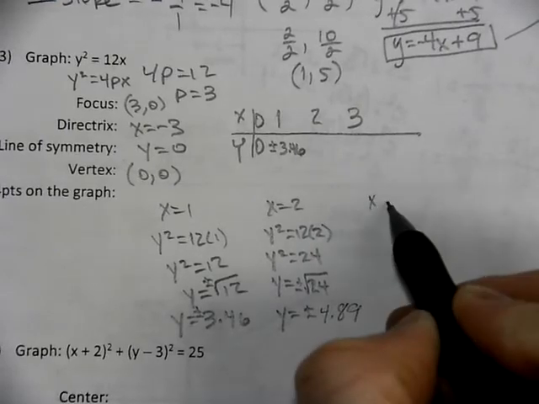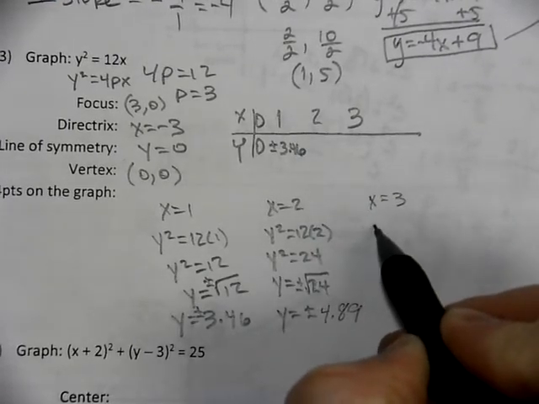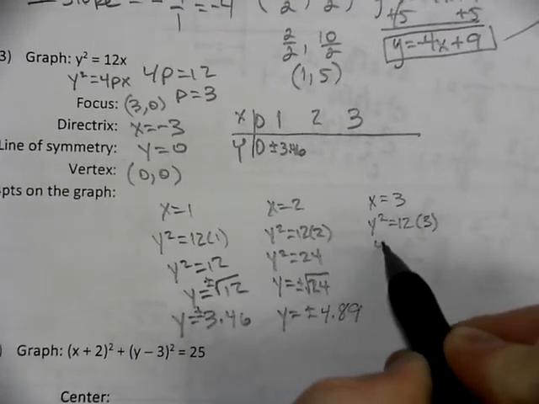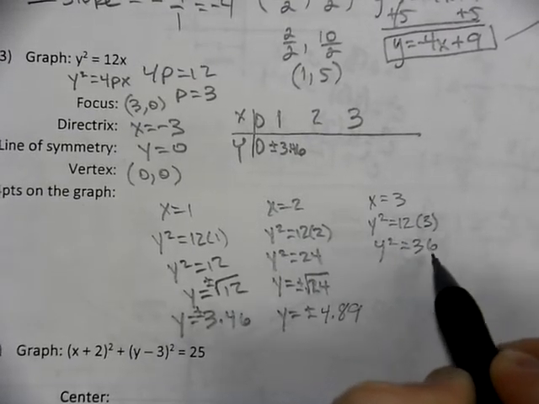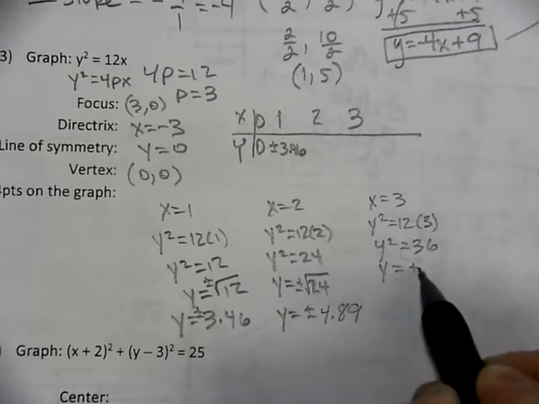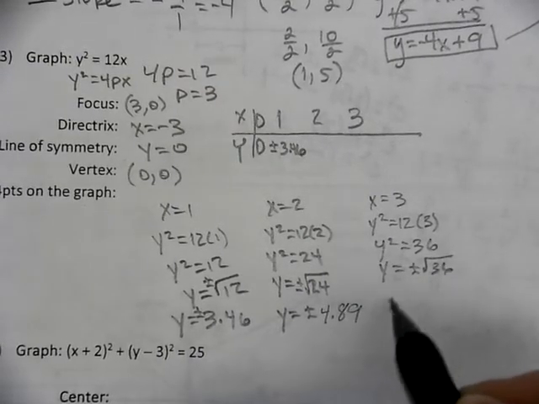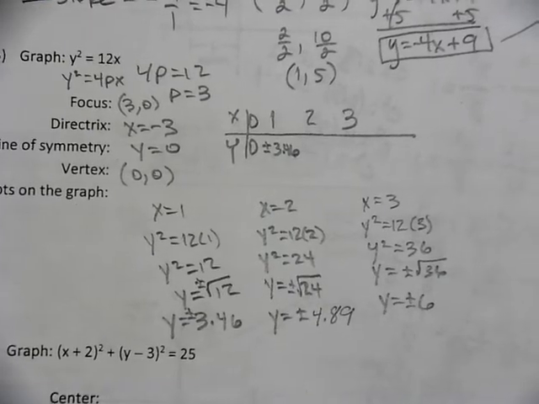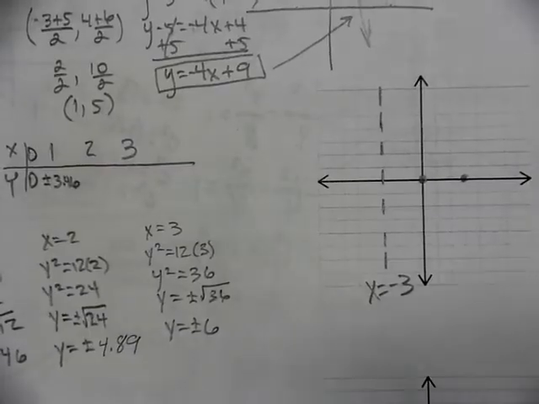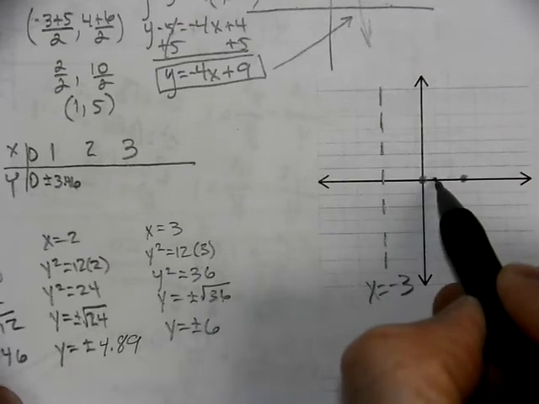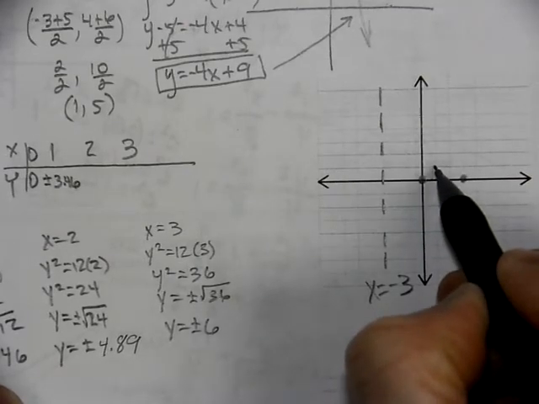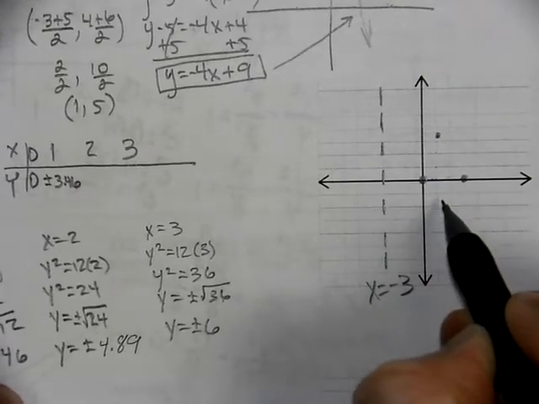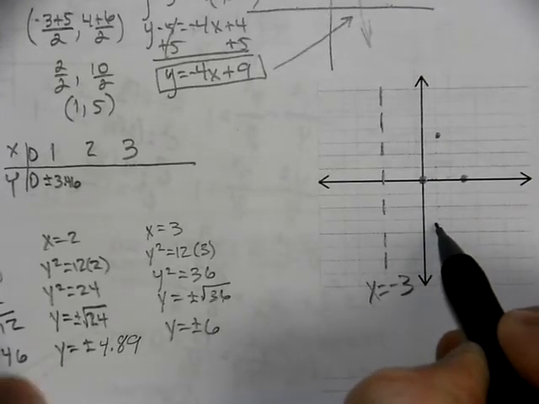And then our last one, when x is 3, y squared equals 12 times 3. Y squared equals 36. Y equals plus or minus the square root of 36, which comes out to a nice clean 6. So we'll plot those points now. When x is 1, we get a y value that's a positive 3.4 and a negative 3.4.